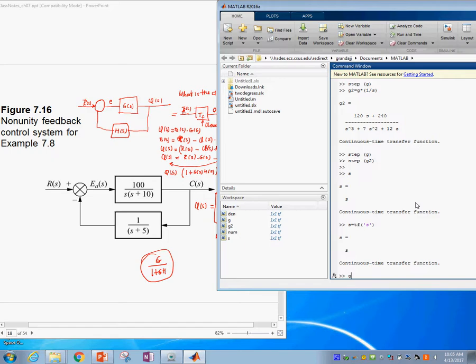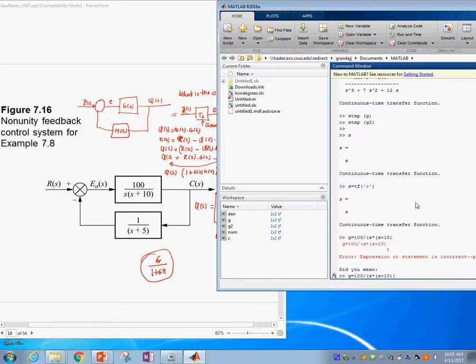So G is going to be equal to 100 divided by, and then you'll have parentheses here to make sure we have this right, S multiplied by S plus 10, like this, and this is going to be your transfer function.